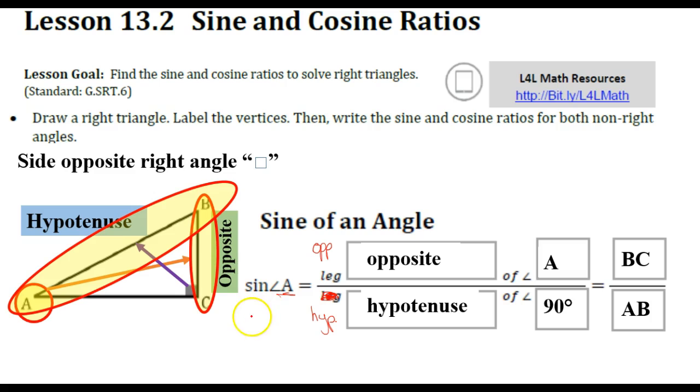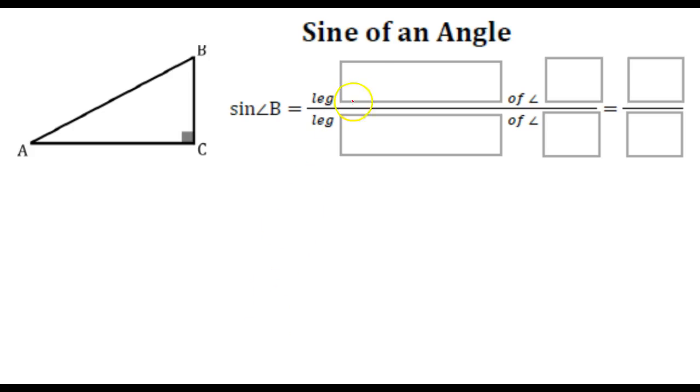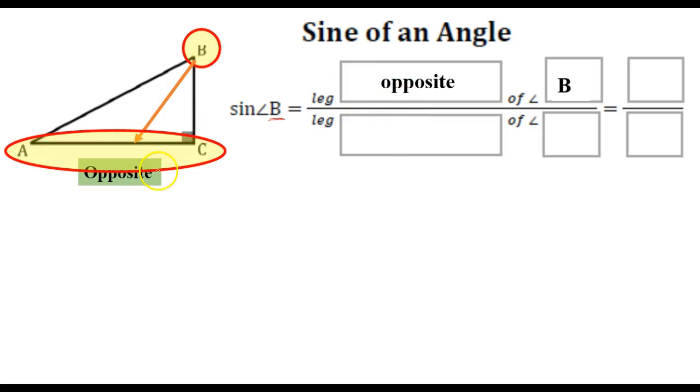But I'm going to explain right along to the next one, sine of angle B. Now I know that they only give you one picture, so if you have to erase and relabel, you can do that. This time we're going to use sine of B. So I'm going to circle B, and that's going to be the side opposite of angle B, and that side is AC. Now this is not really a leg, because remember, sine is opposite over hypotenuse.